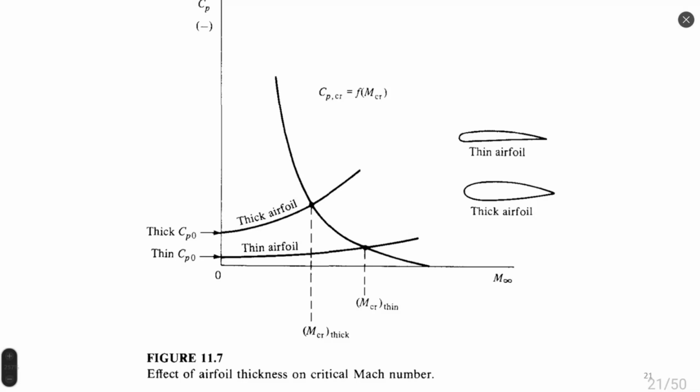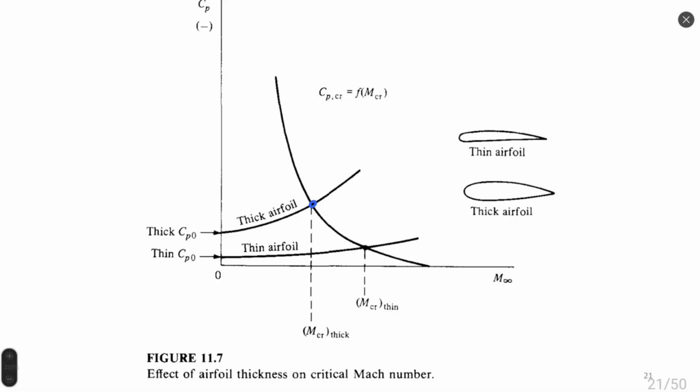For a thick airfoil, pressure coefficient CP is always higher because a thick airfoil produces a higher pressure range, higher pressure ratio, and higher lift. This is why a higher pressure coefficient results in a lower value of critical Mach number.